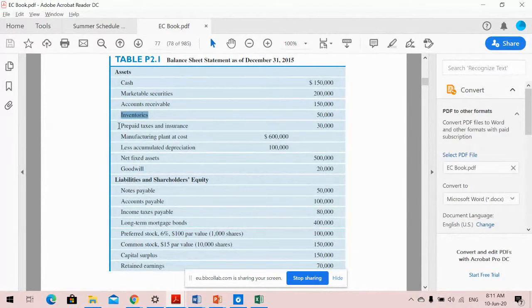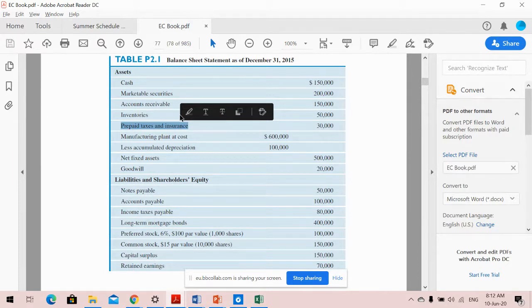Then this one is prepaid taxes and insurance. Now this one you need to understand. Prepaid, or sometimes we call it advance payment: prepaid taxes, prepaid insurance, prepaid rent, ijar. What do you mean by prepaid insurance? Imagine right now you go to Taawaniya and purchase insurance for next year.